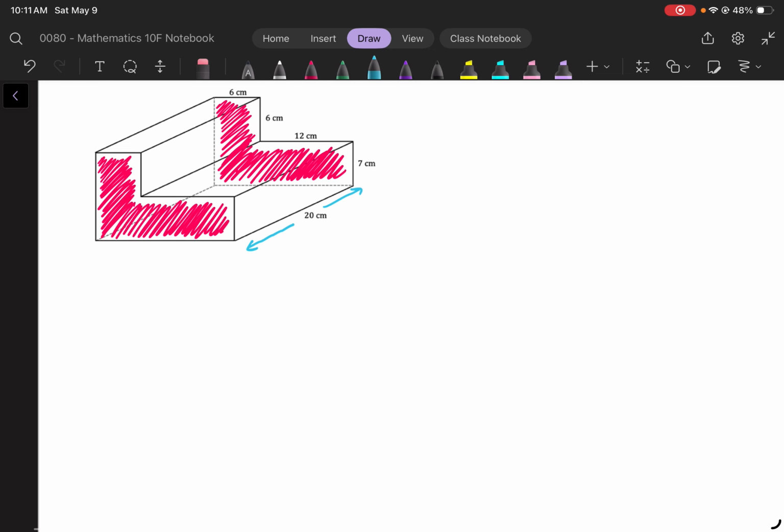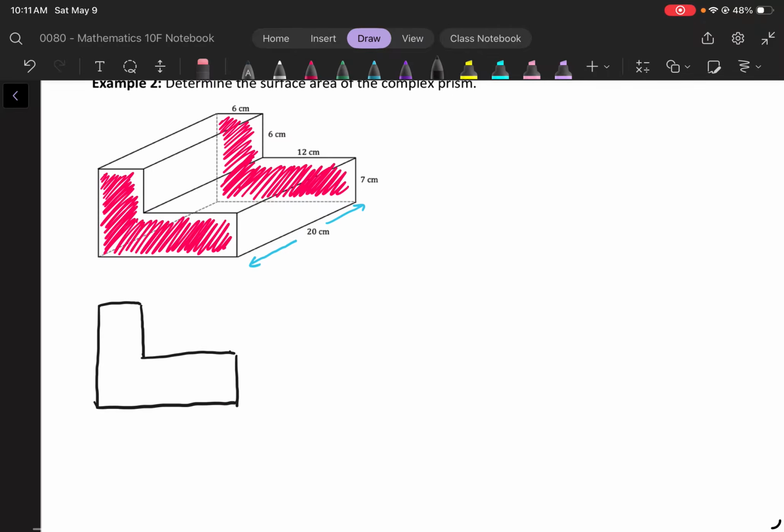Now, just like we did before, we are welcome to go ahead and redraw that base, just so that we can make sure that we're not getting any of the side lengths mixed up. Also because sometimes its dimensions are labeled at the back, sometimes at the front, and sometimes some at the front and some at the back, wherever the bases are.